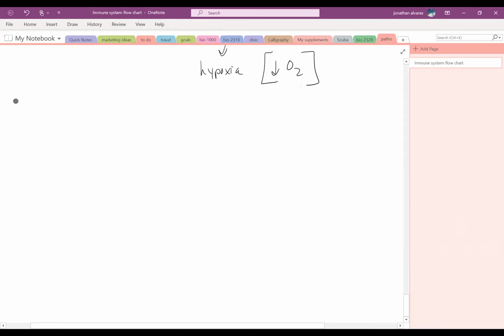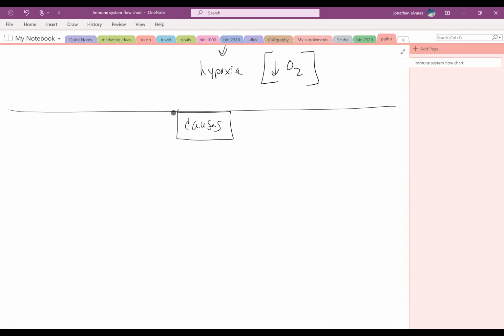Okay, so some causes for all this could be hemorrhage. So you're bleeding out, so hemorrhage.